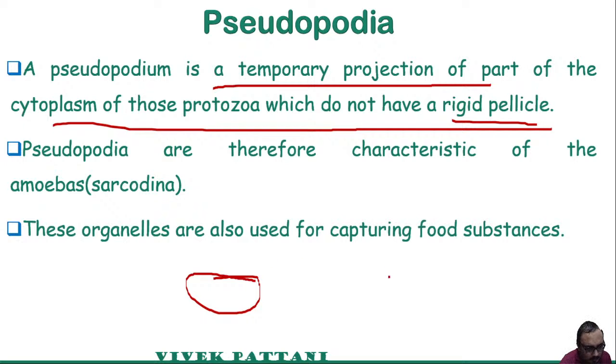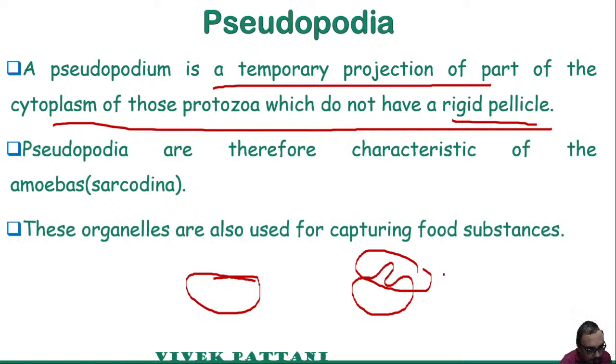So what will they do? They will extend the cytoplasm, they will project the cell in this direction, where structures similar to this are formed, which help them for motility as well as to capture food.